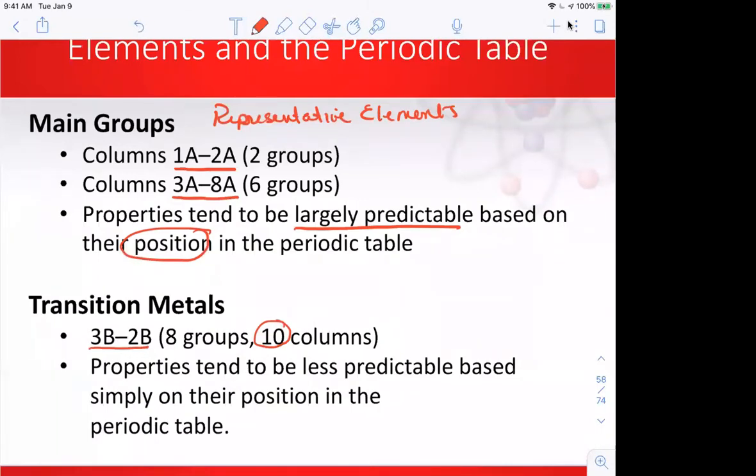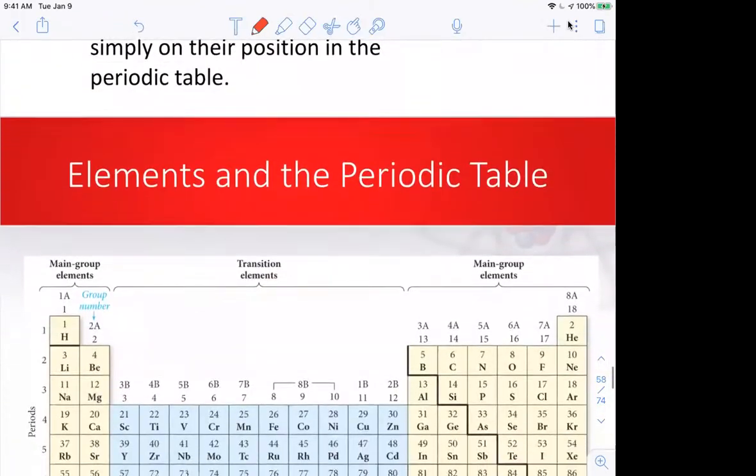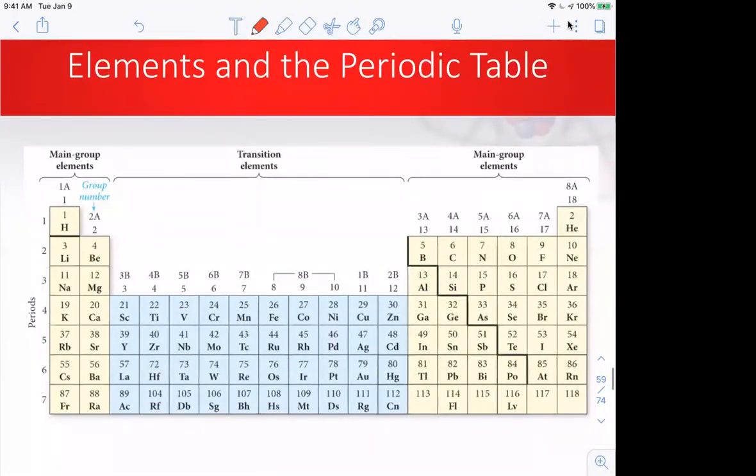The properties of transition metals are less predictable based on their position. These can do a lot of different things. They have a robust chemistry associated with them, but in this course we're going to focus a lot on main group elements. So here's how I distinguish this middle section. All of these blue elements are my transition metals.